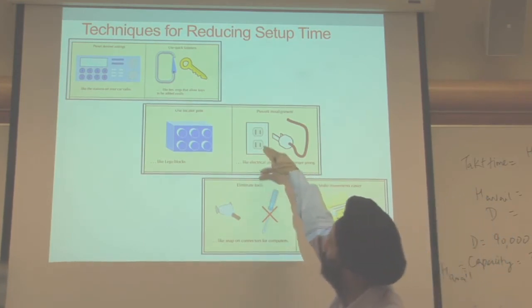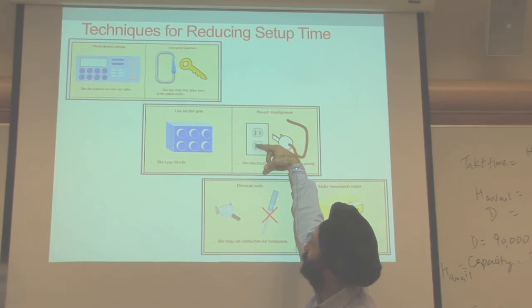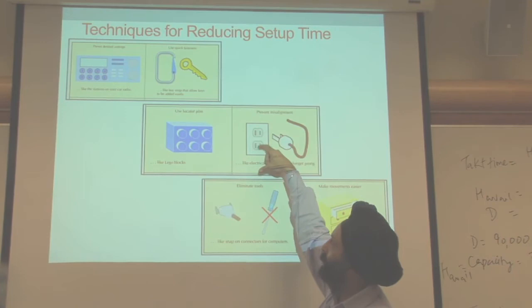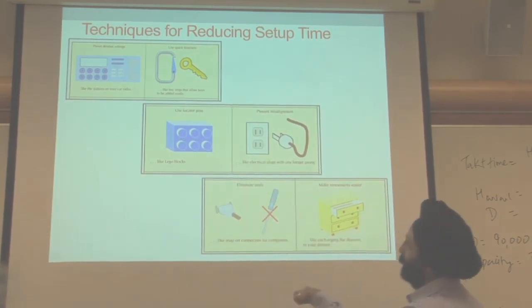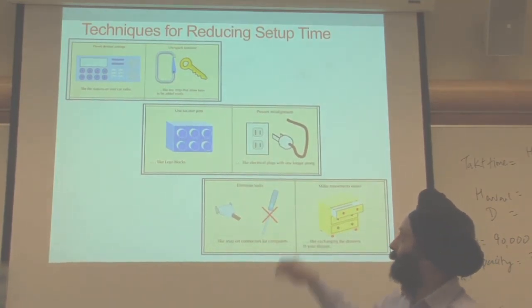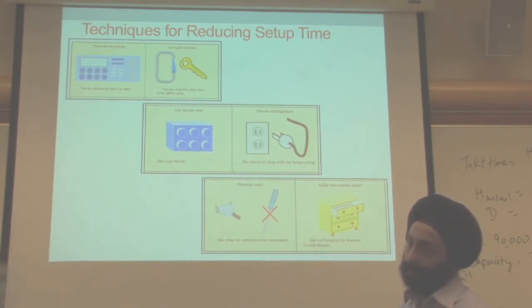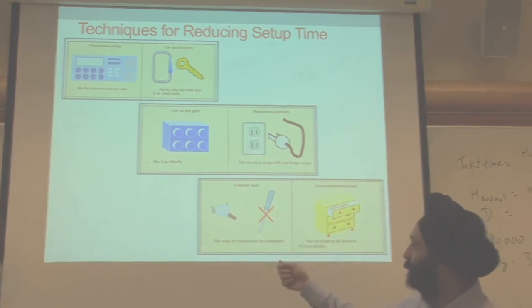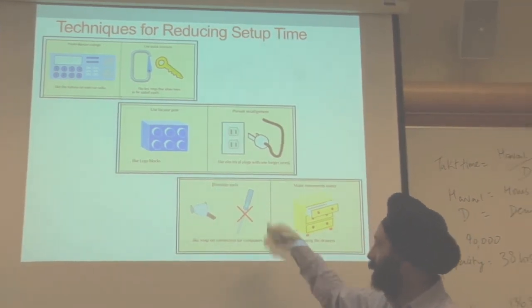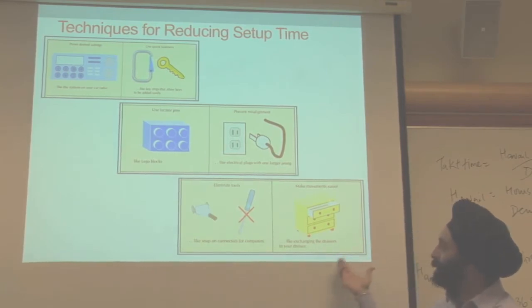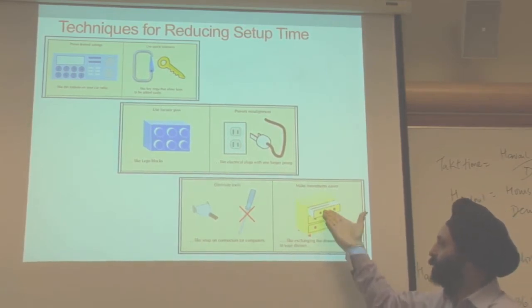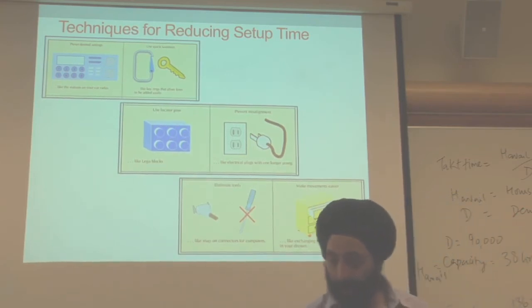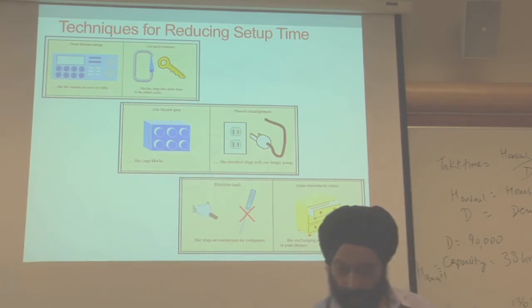Prevent misalignment, using Poka-yoke, so that one of these plugs is larger, wider than the second one, so there's only the correct way of inserting things, to avoid ill effects of doing it the wrong way. Eliminate tools, using snap connectors rather than screw-on connectors, and then make movement easier. Exchanging the drawers, so you can put any drawer in any of these openings.